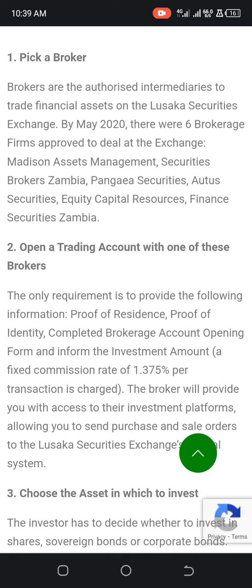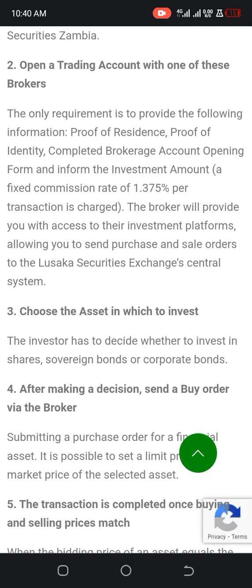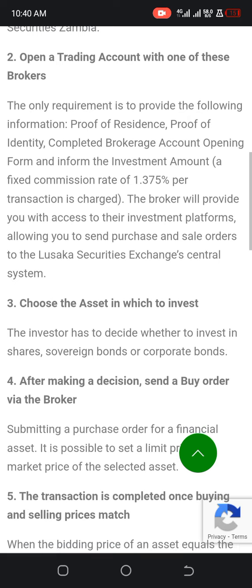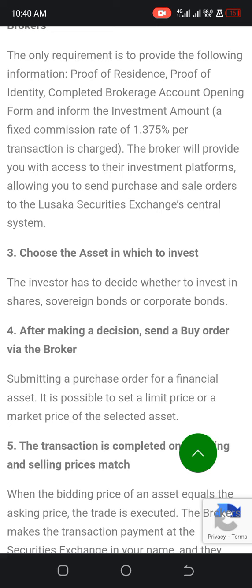Proof of identity can be your NRC, your passport, or your driver's license. And you complete a form that you submit with them. Once your account is open, then you can choose which shares you want to buy, and once a transaction has been done for the share that you want to buy, then the broker will make a commission at the rate of 1.375%.